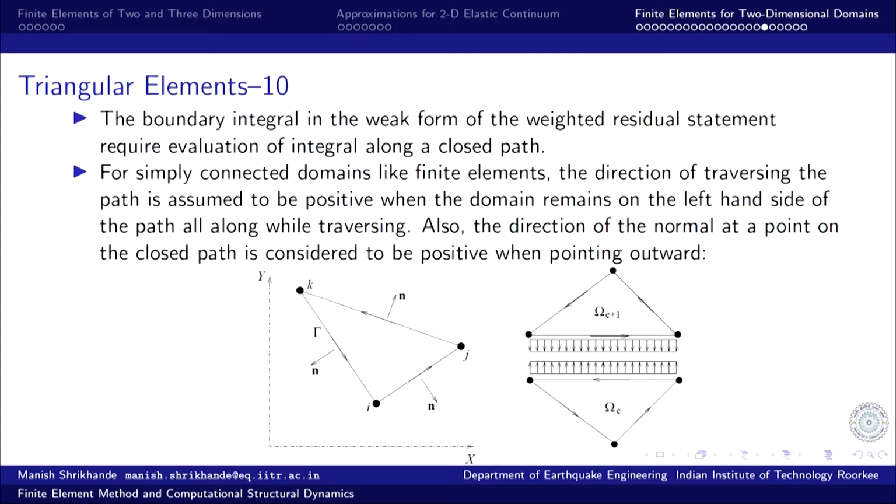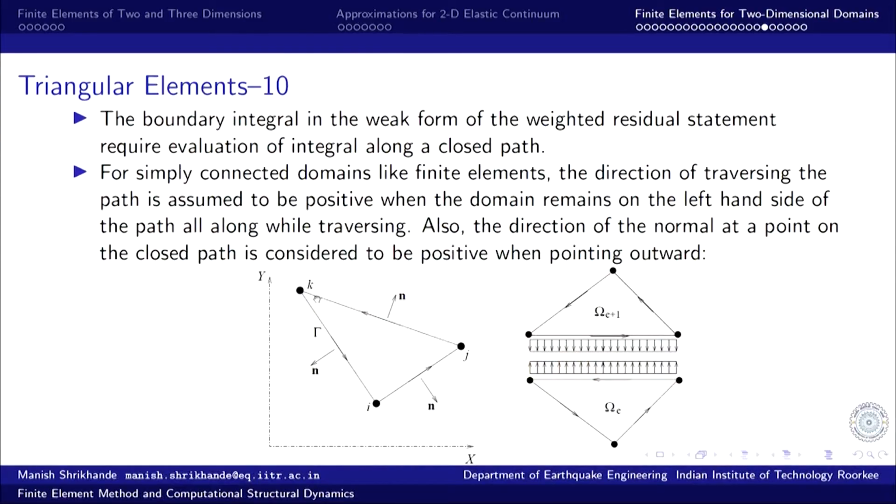The boundary integral in the weak form of the weighted residual statement requires an integral along the closed path, and for simply connected domains like finite elements, which do not have any gaps or any hole within the interior of the element, it only refers to going along the edges of the element in the counterclockwise order.